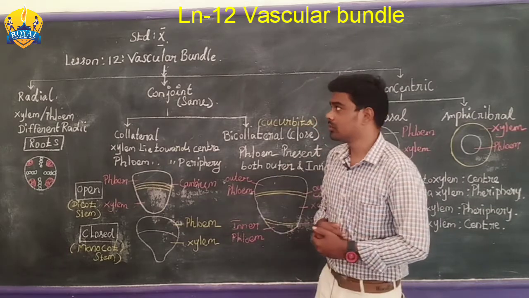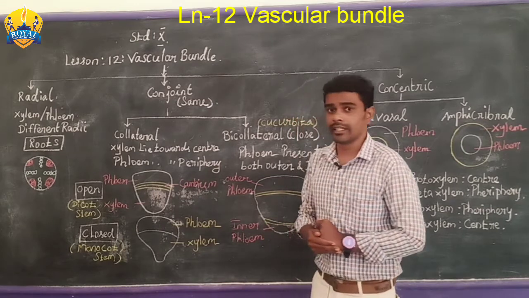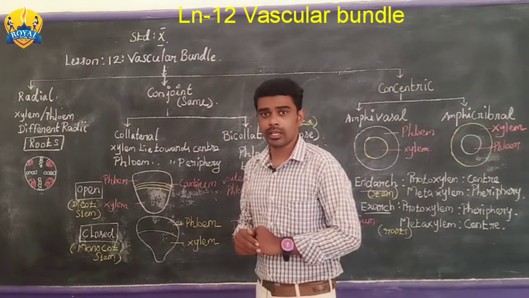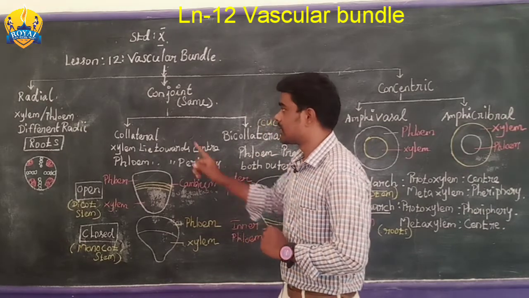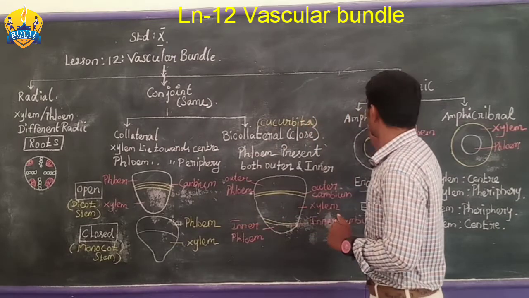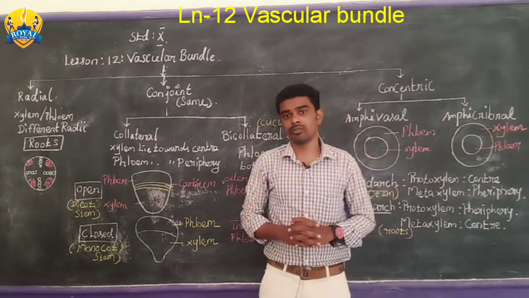Now, lesson 12, vascular bundle and its types. What are the types of vascular bundle? They are radial, conjoint and concentric. So there are three types of vascular bundle.